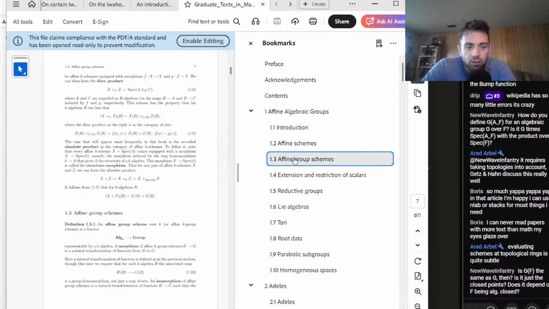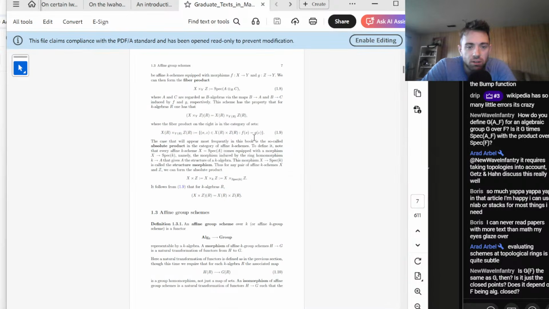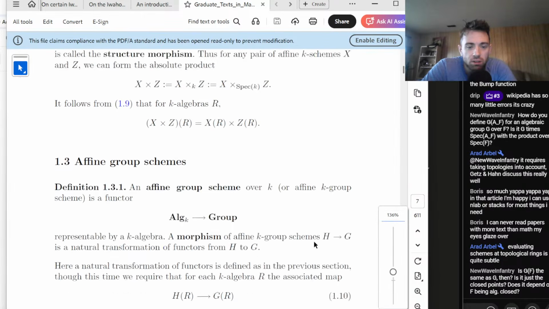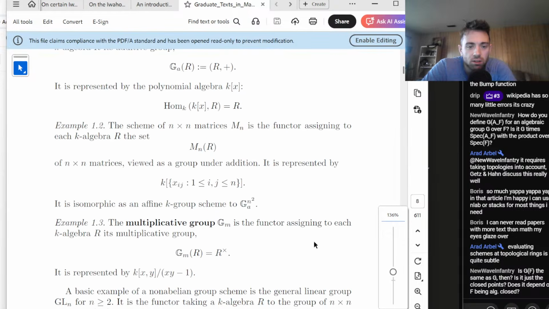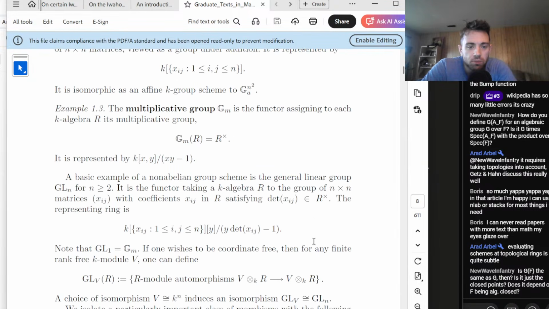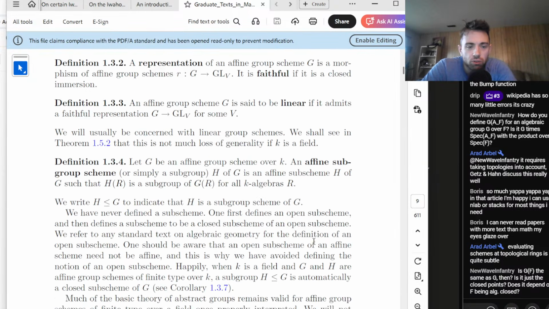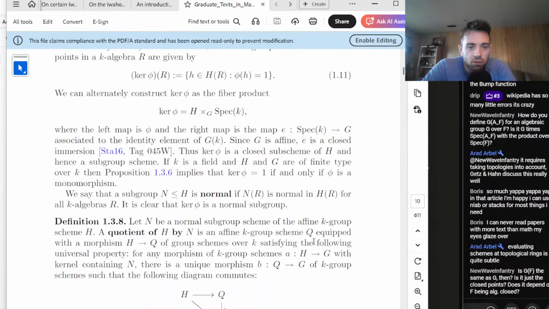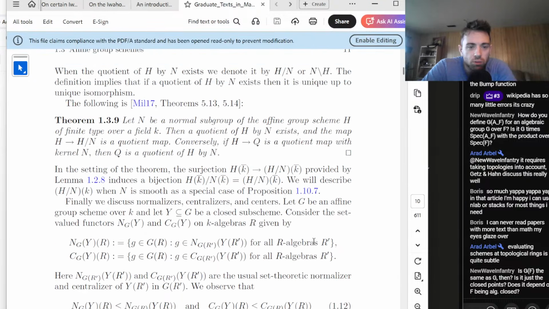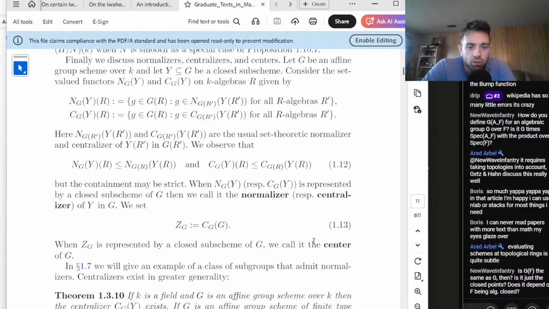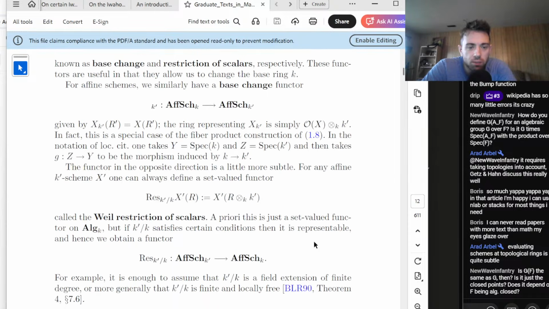Is this what we want? Yeah, this is just general functor of points stuff, but I wonder where the Adeles come in.